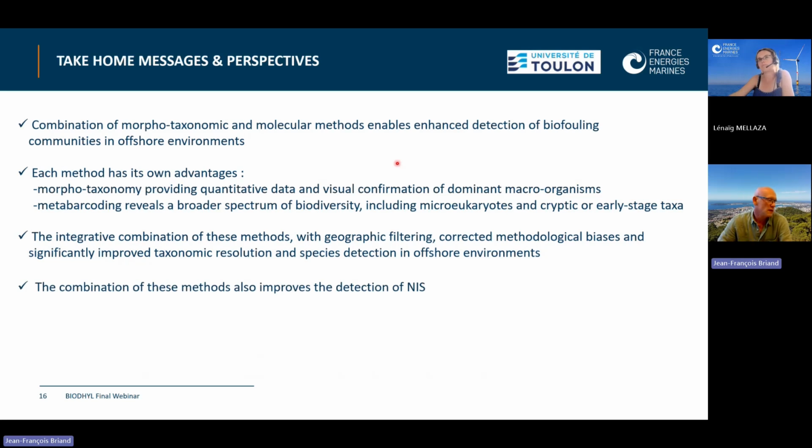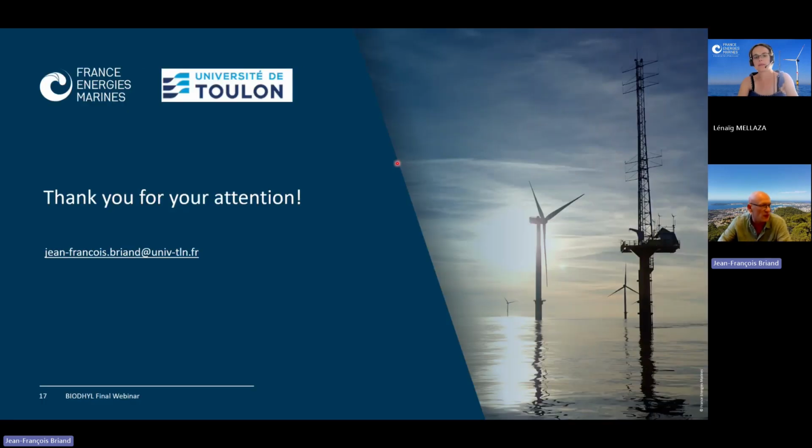And the combination of these methods also improves the detection of non-indigenous species, which is, of course, something really relevant in this environment. So now, considering BIODHYL, we just have to apply this approach to the data that Nolwenn talked about, depending on the depth. And so this is ongoing work. So thank you for your attention.